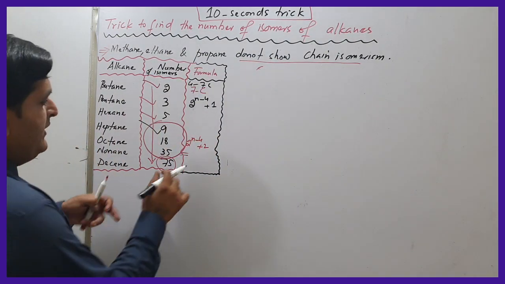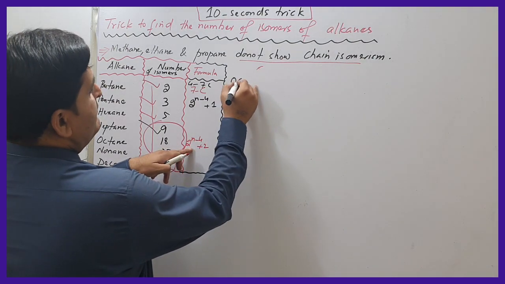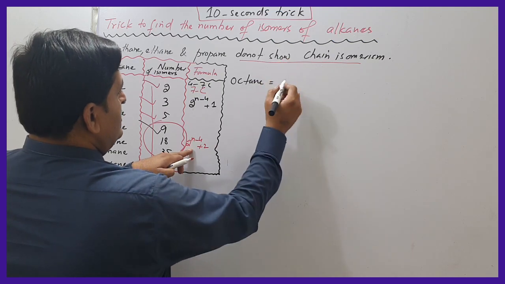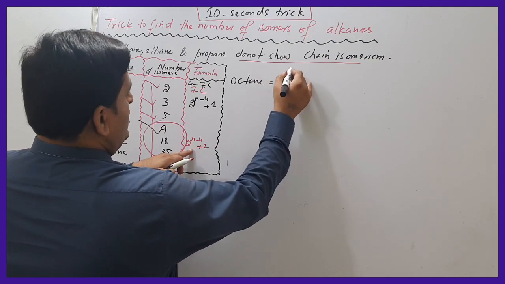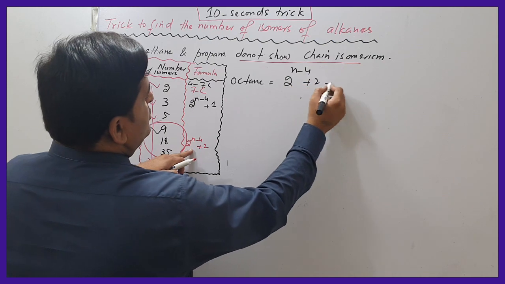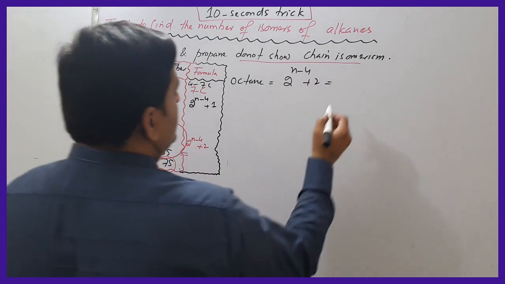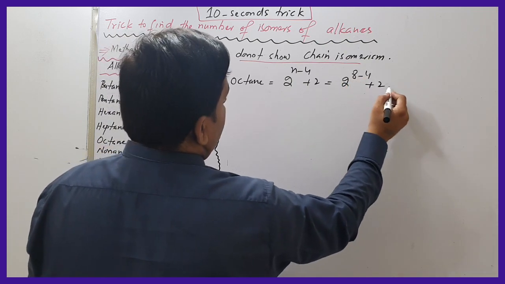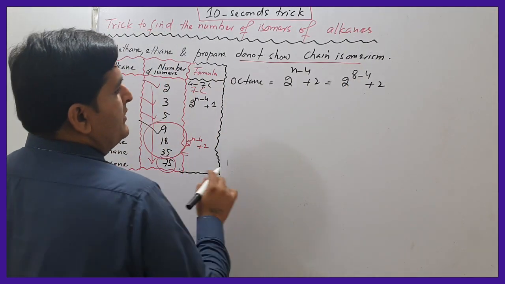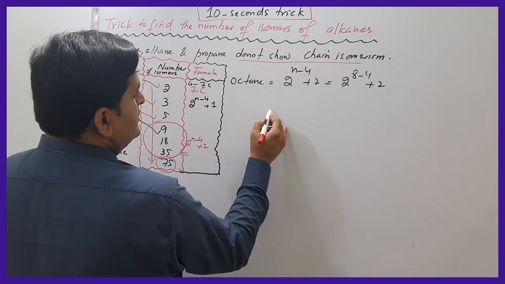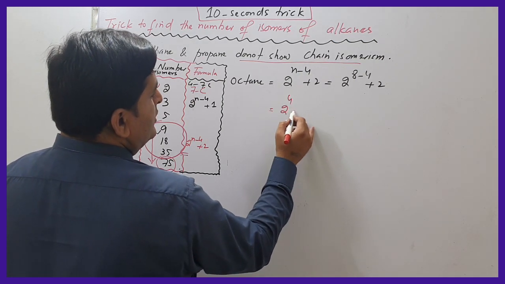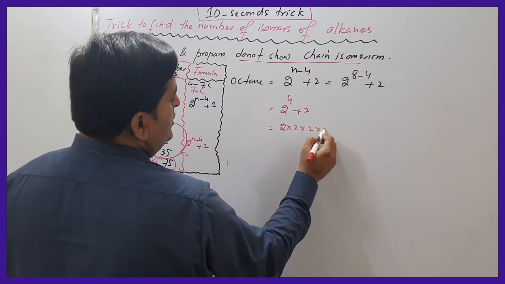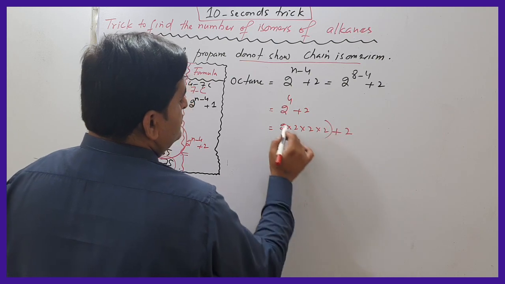We have made a slight modification in the formula. So octane is 2 power n minus 4 plus 2, which is 2 power 8 minus 4 plus 2. Now 8 minus 4 means this becomes 2 power 4 plus 2.